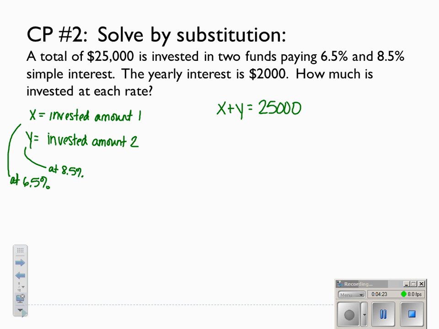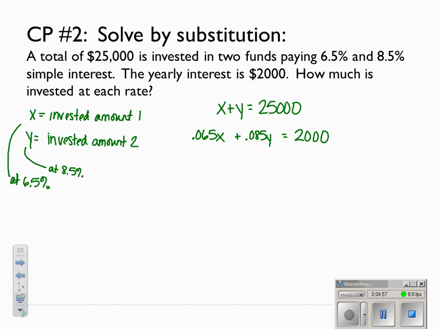Most of you guys understand percentages and investments and interest by now enough to know that whatever amount of money we invest in the first one, so x, you're going to get 0.065 for all of x. So 0.065 times whatever x is, and if we add that to 0.085 times our y amount, we're going to come up with our total interest, which our problem tells us is $2,000.